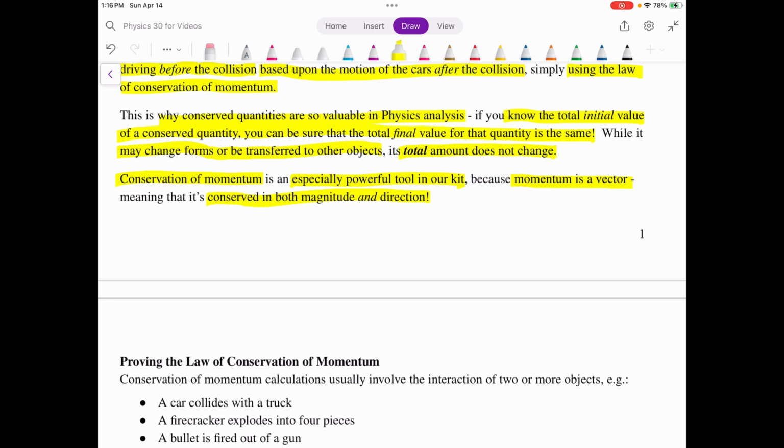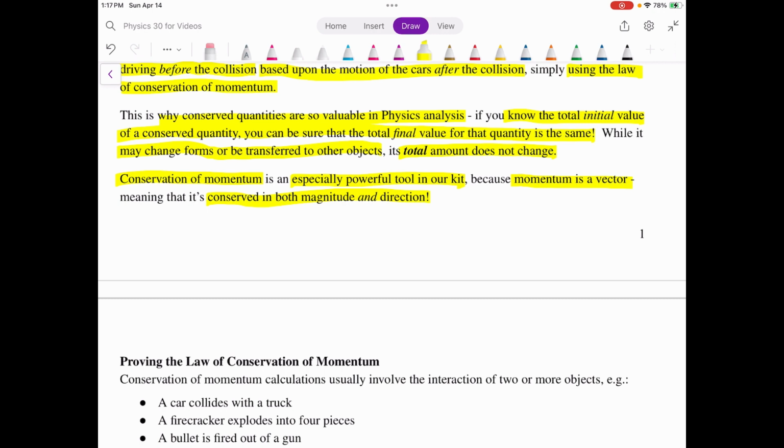Direction is important to momentum, okay? And so think about that. That's really helpful because now we're going to be able to say not only how much momentum there will be afterwards if we know the momentum before, but also in which direction, right? So that's pretty exciting.